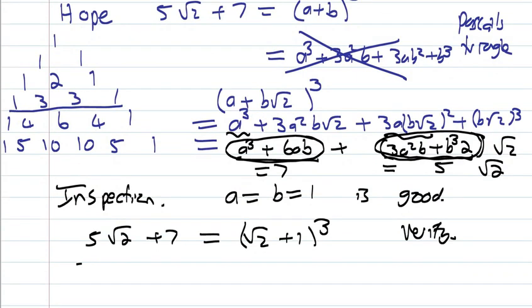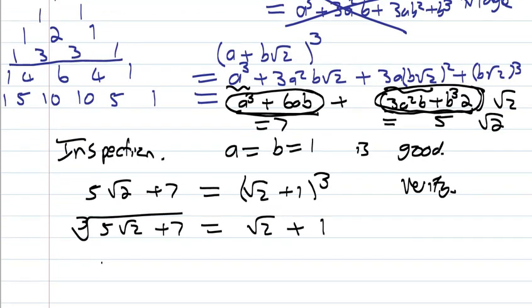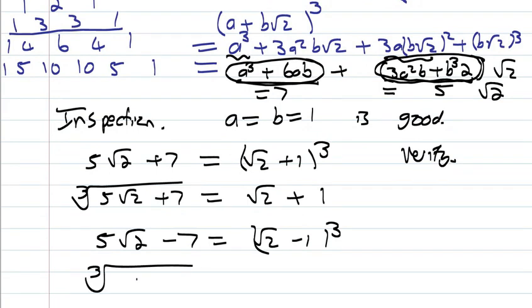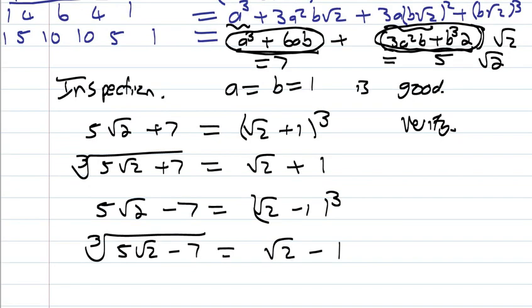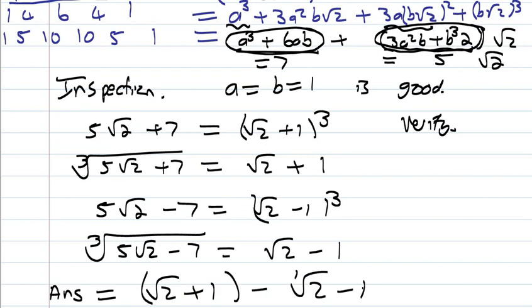And so therefore the cube root of 5 root 2 plus 7 is equal to root 2 plus 1. And in a similar way, you can see that 5 root 2 minus 7 is equal to root 2 minus 1 cubed. And so the cube root of 5 root 2 minus 7, that's equal to root 2 minus 1. And so the answer that we're looking for is this minus this.